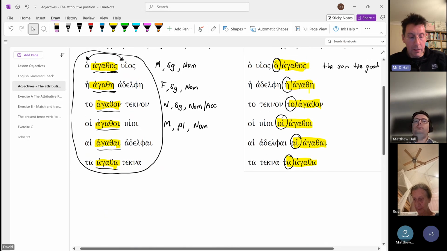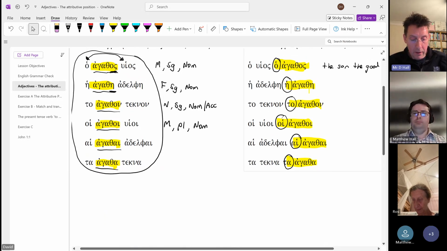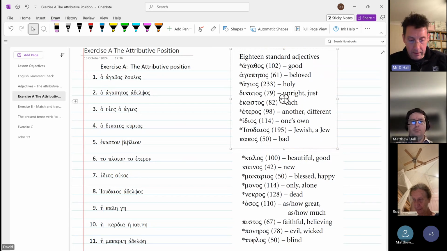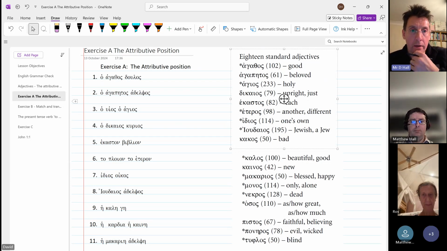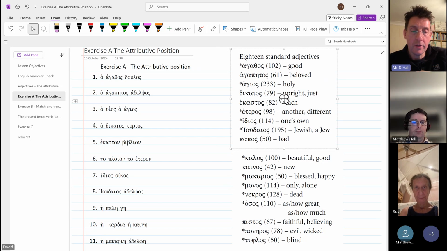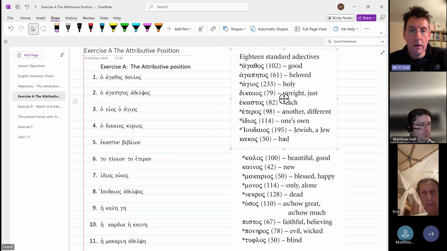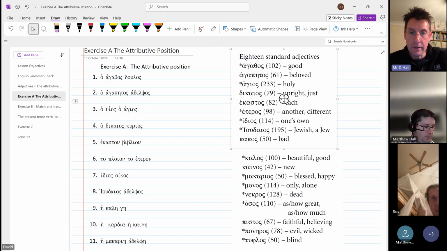So let's see if we can apply some of that with what appears to be a big list of Greek things to translate. So here's a little exercise. I'm going to give you an opportunity to have a little look at some of these. It's really just a bit of translation, just to get you familiar with some of the words, and to see the structure that we have. So there are 18 standard adjectives in this chapter.